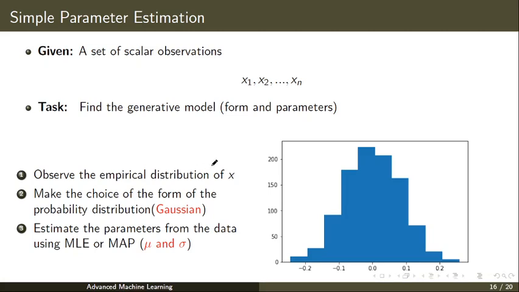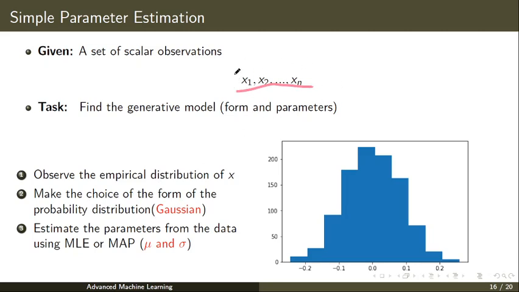The way we do it is to observe the empirical distribution of x. You deduce the distribution of x and make the choice of the form of the probability distribution, and that's the only way.